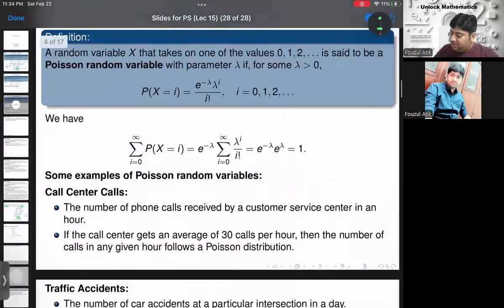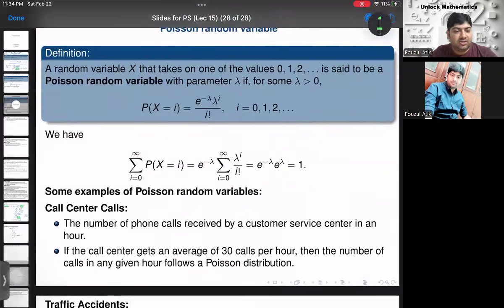Suppose we have a call center, and we want to calculate the number of phone calls received by a customer service center in an hour. Somehow we know that the call center gets an average of 30 calls per hour. We need to calculate the probability of some number of calls in a particular hour.